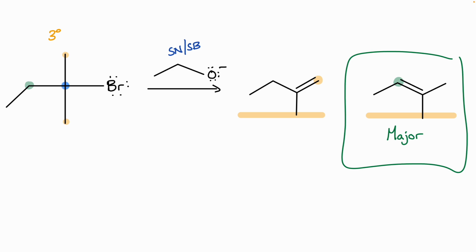So again, we're going to get our category of our alkyl halide and of our reagent. We're going to look it up on our little chart, and that's going to tell us whether we're going to be doing a substitution or, in this case, an elimination reaction.